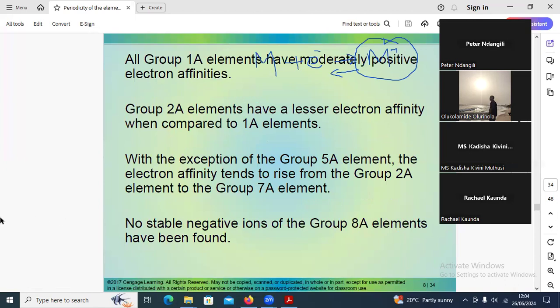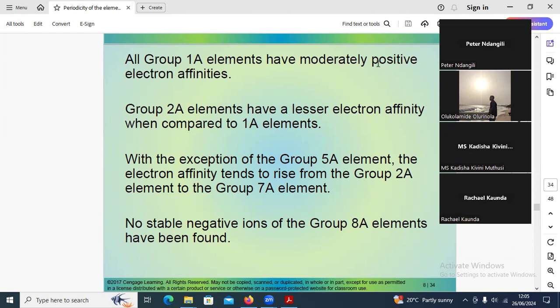So the group 1 elements, these are S1, they have moderately positive electron affinities. Group 2A have a lesser electron affinity when compared to group 1A elements. And what is the reason? It is because with group 2 elements, you are going to be gaining an electron into a configuration that is already fulfilled.